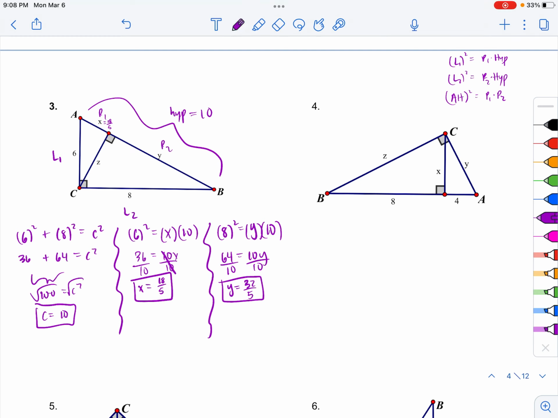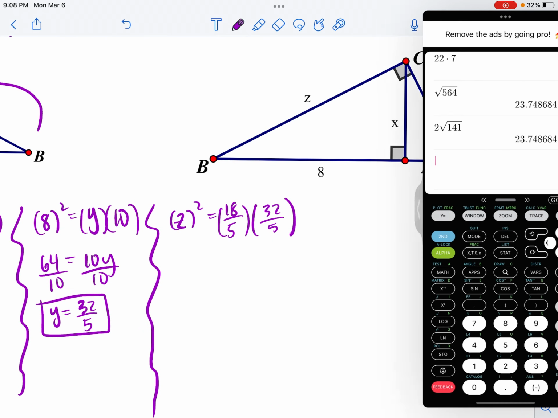Okay, last one, solving for the altitude. Now that we have part 1 and part 2, we could actually calculate what the altitude is using that last formula. So let's take a look. We should have altitude squared, which is z squared, is equal to part 1, 18 over 5, times part 2, 32 over 5.